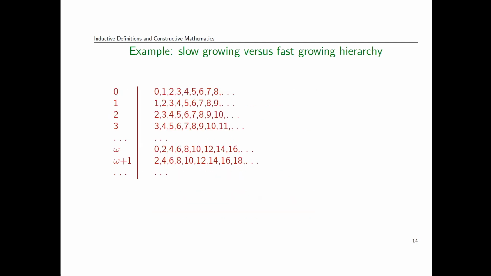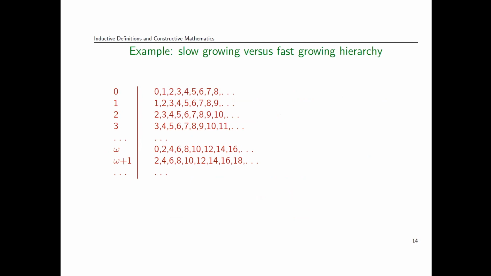And his idea was the following. So it was a table. You start with the enumeration of natural numbers. At successor stage, you shift the sequence. So you start with 0, 1, 2, then at the first stage you have 1, 2, 3, second stage 2, 3, 4, and so on. In this way, you have a list of functions from NAT to NAT. Then for the limit case, for omega, you reach a limit ordinal and you diagonalize this table.